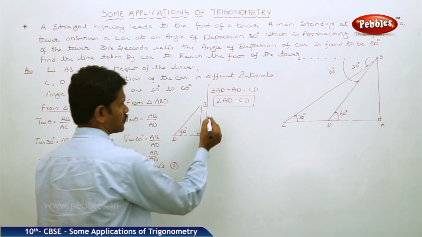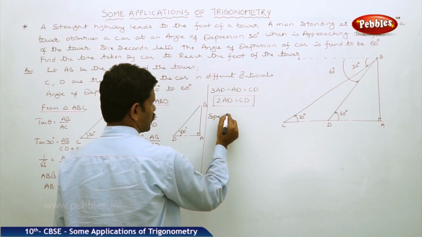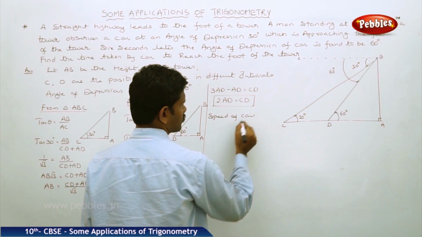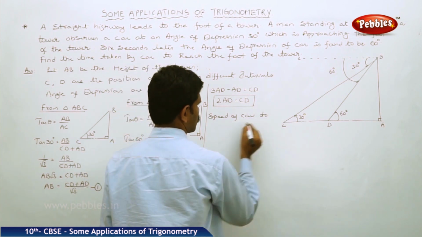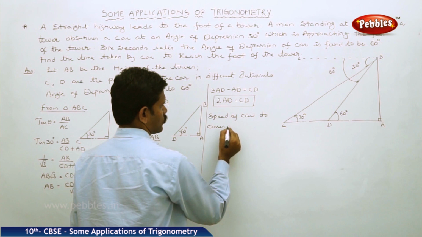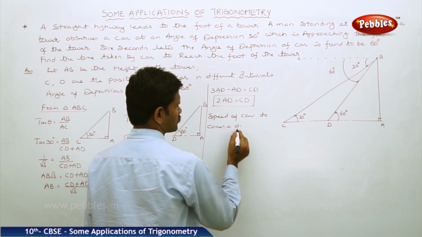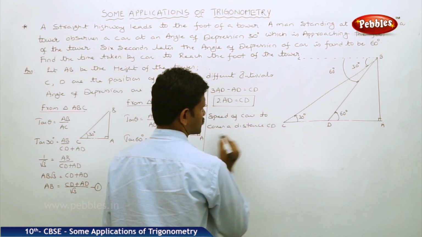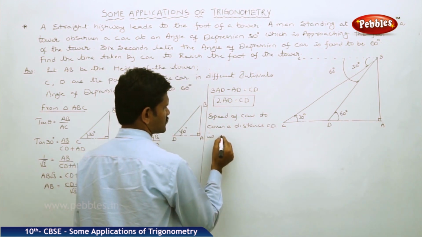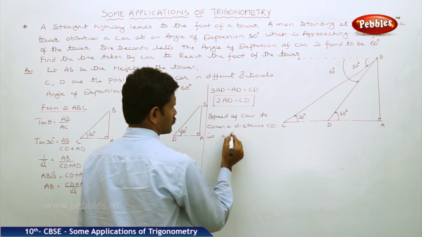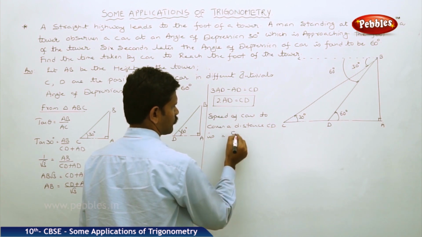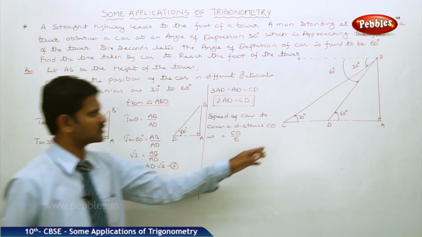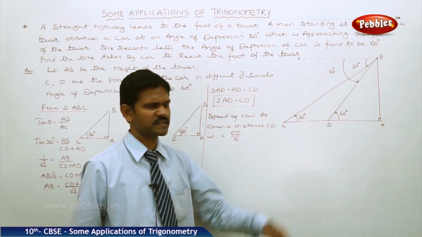Now the speed of the car to cover the distance CD is CD by 6. Why? Because the car has to cover CD in 6 seconds.